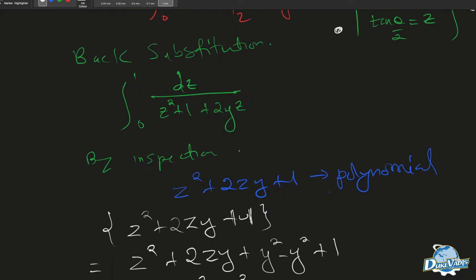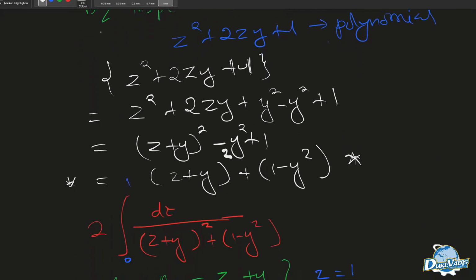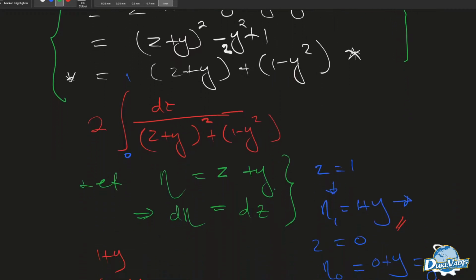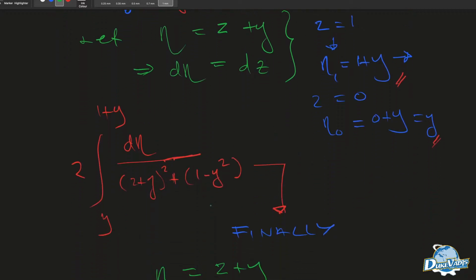Then we realized that the denominator here is more of a polynomial, so we did a bit of expansion over here. Okay, but when we factorize everything out, we have z plus y squared plus 1 minus y squared, and we substituted into the integration. Knowing that xi is z plus y, we substituted back, and we have the final expression like this.